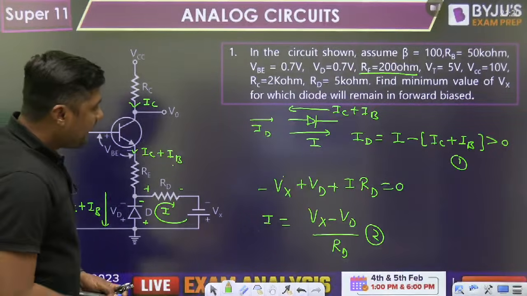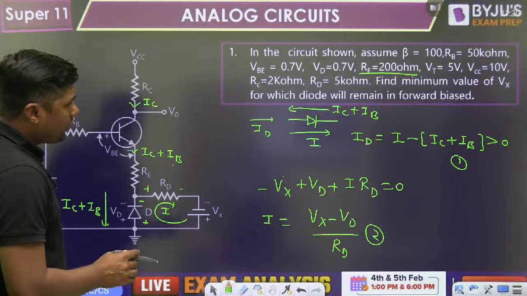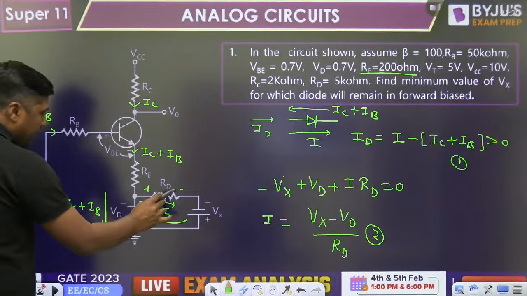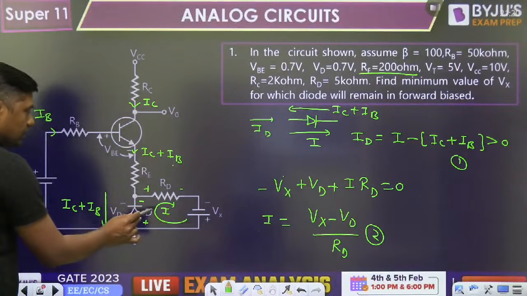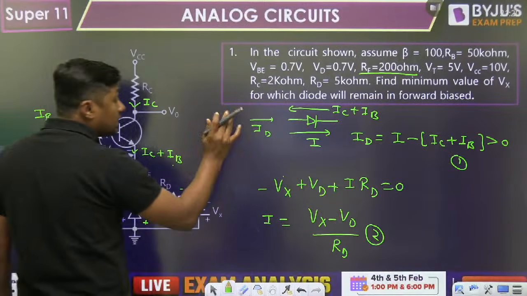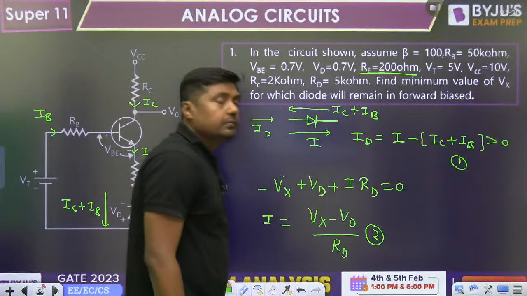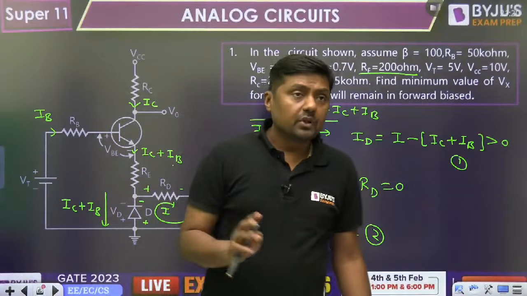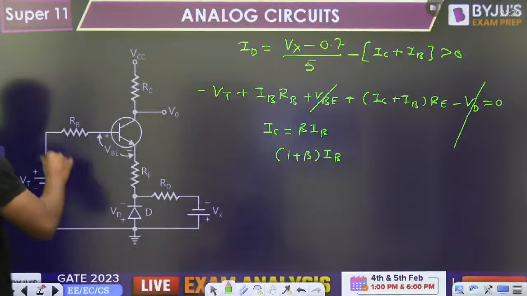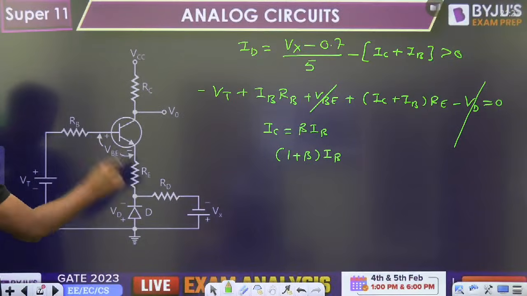And then, my dear friends, the second important thing: how can we find I? Write down the KVL in this loop, get the value of I, and the resultant diode current ID, I minus IC plus IB, should be greater than 0. Then when I write the KVL, I can find the value of IB.